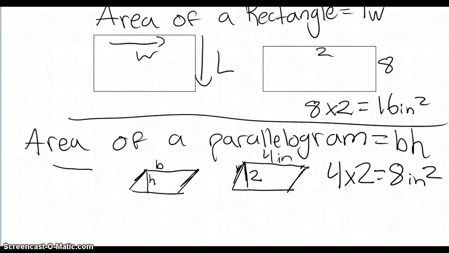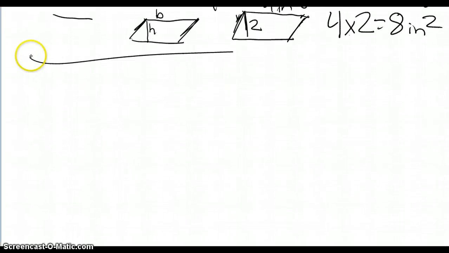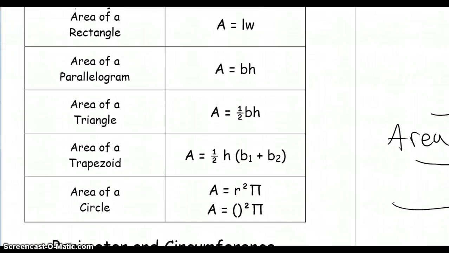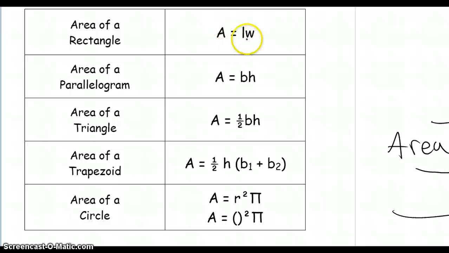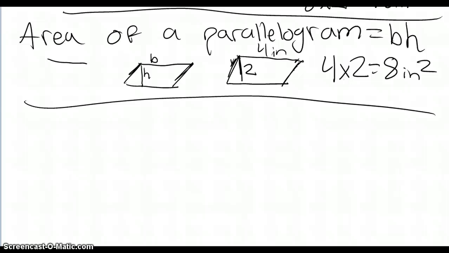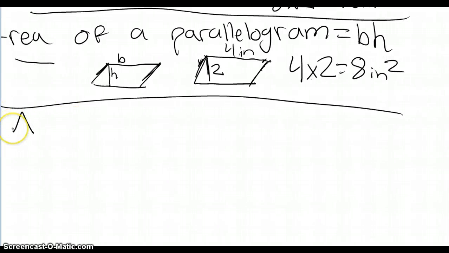Now we're going to move over to the next one. You've already done the area of a rectangle and the area of a parallelogram. The area of a triangle is what's next. The area of a triangle is base times height divided by 2, or half the base times height.